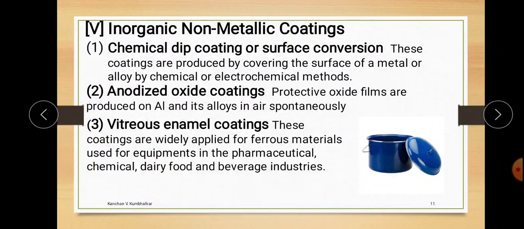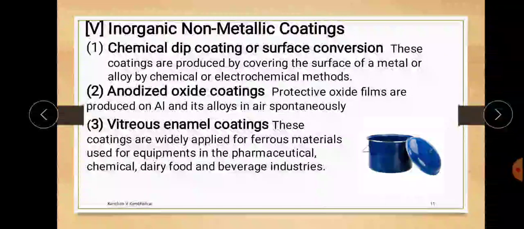This coating affords good protection of the base metal from corrosion in some environments and sometimes is of decorative value. The most commonly used surface conversion coatings are chromate coatings, phosphate coatings, and oxide coatings.